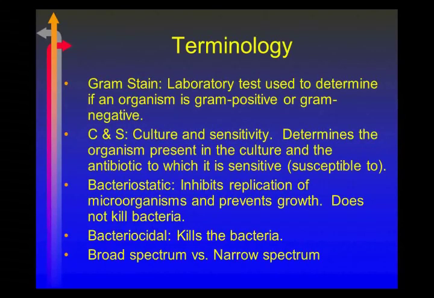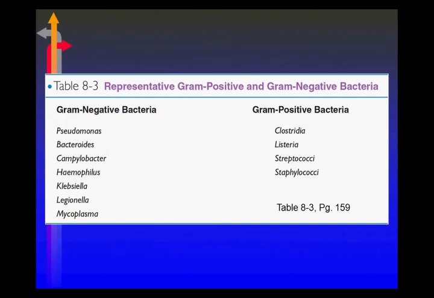You should be able to distinguish between bacteriostatic, which inhibits replication and growth, and bactericidal, the cid implying that you're actually killing it. Broad spectrum versus narrow spectrum has to do with the fact that certain antibiotics will work on a wide range of organisms. Narrow spectrum are much more narrowly related.